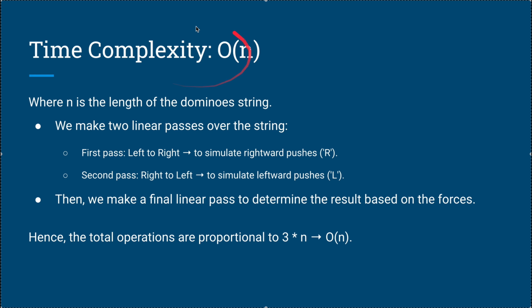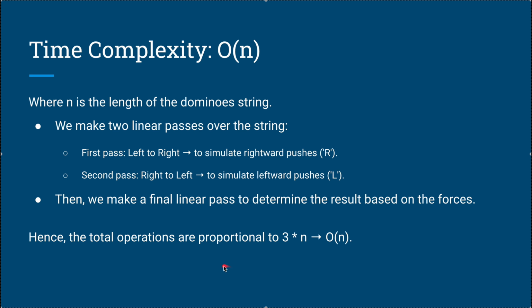Now the time complexity, where n is the length of the domino string. We go for the first pass from left to right for the R pushes, and similarly for the left pushes. Then we make a final linear pass to determine the result based on the forces.